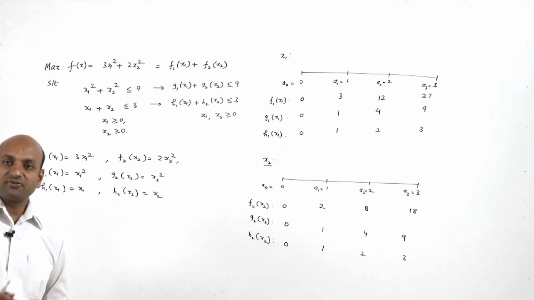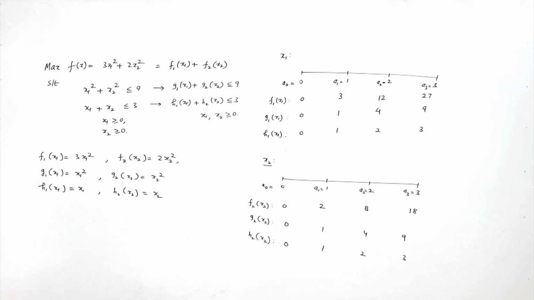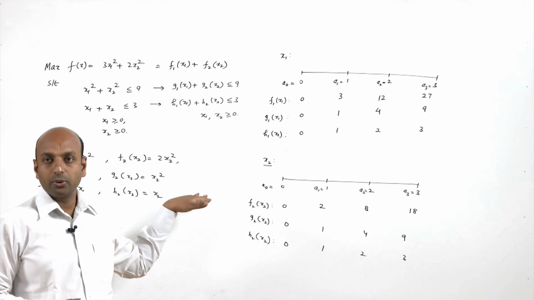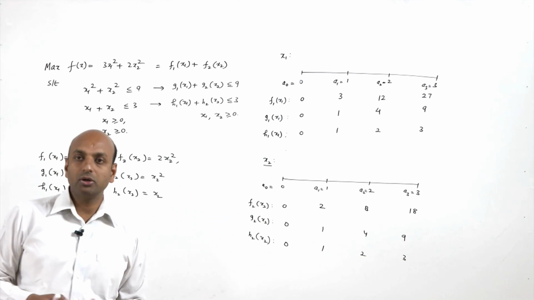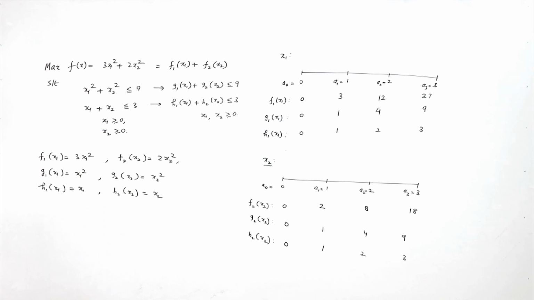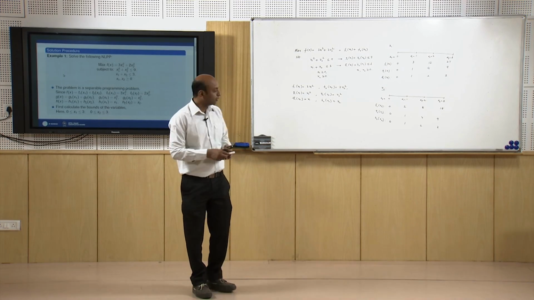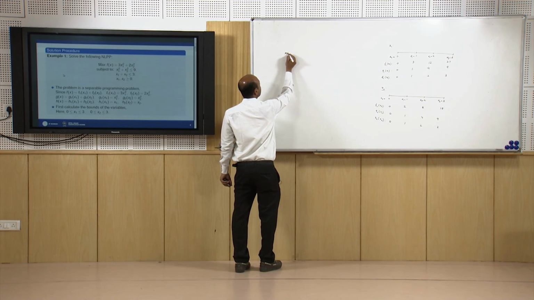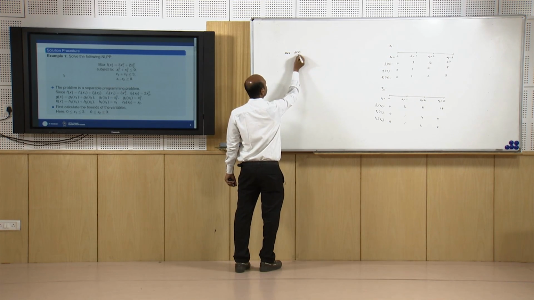So we first find the bounds corresponding to all the variables involved in the problem, then fix up the grid points corresponding to all the variables, find the value of F1 X1, G1 X1, H1 X1 and so on. Similarly for the second variable and so on. Now we will write the linear approximation of this problem. How to write? Now the objective function will be maximizing fx equals to.